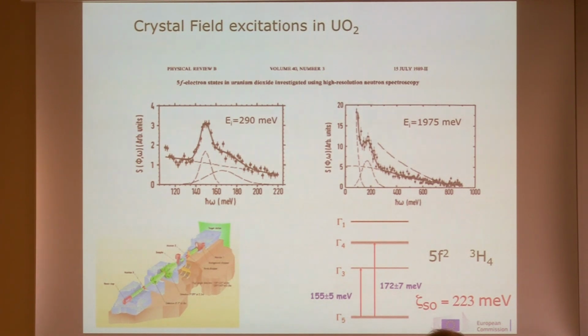Actually, another key ingredient is the crystal field potential. In the 60s, there were calculations suggesting a very strong crystal field with excitations extending to about 600 milli-electron-volt, and then producing a substantial J mixing in this material.